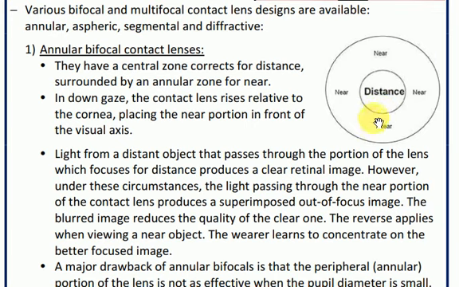Light from a distant subject that passes through the portion of the lens which focuses for distance produces a clear retinal image. However, under these circumstances, the light passing through the near portion of the contact lens produces a superimposed out of focus image. The blurred image reduces the quality of the clear one. The reverse applies when viewing a near object. The viewer learns to concentrate on the better focused image.